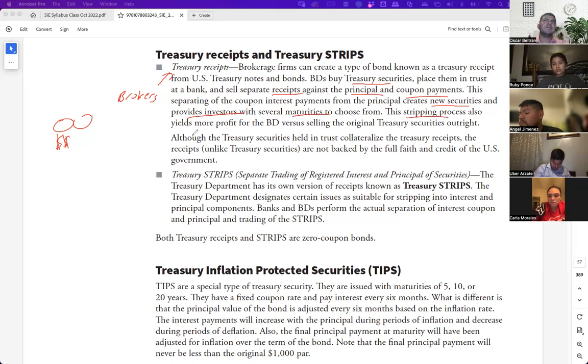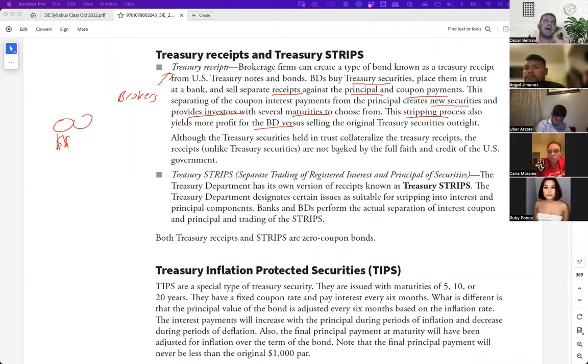The stripping process also yields more profit for the broker-dealers. Although the treasury security held in trust collateralizes the treasury receipts, the receipts are not backed by the good faith and credit of the U.S. government. So treasury receipts are created by brokers. They separate it to get more money out of it. When that happens, it's not backed by anything. It's unsecured.